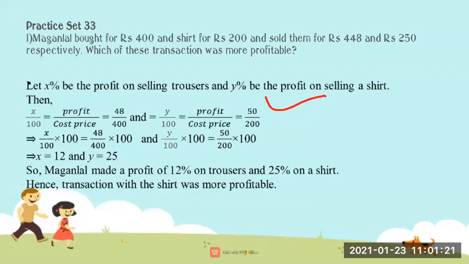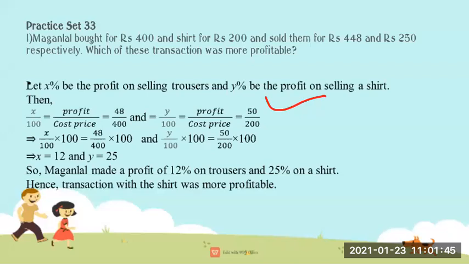So X% means what? X upon 100. X% means X upon 100 equal to, and the profit percent formula is what? Profit upon cost price. Now our profit is how much for the trouser? It was 48.